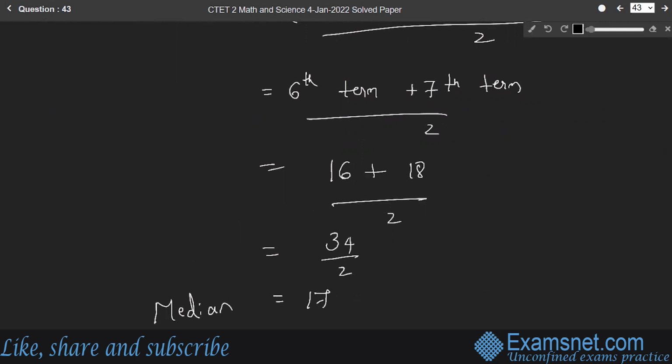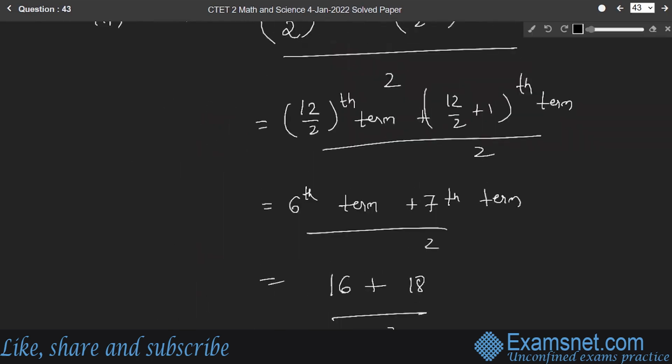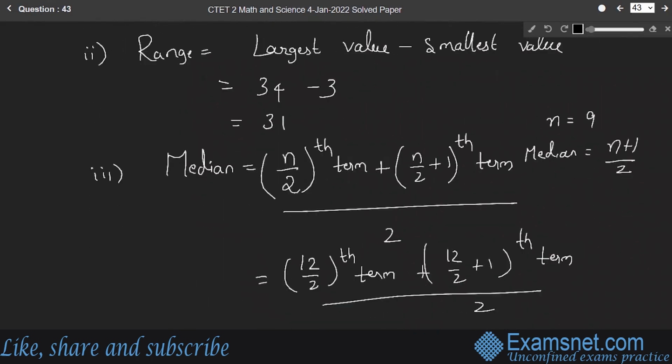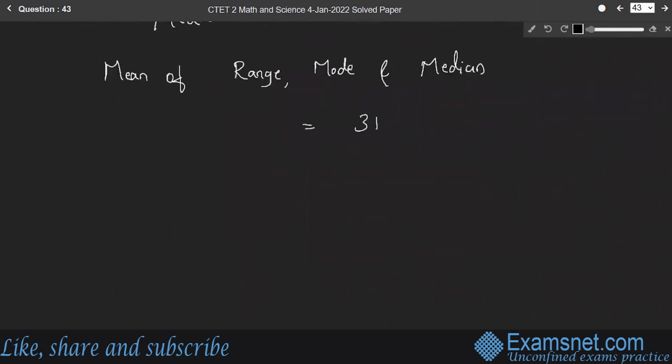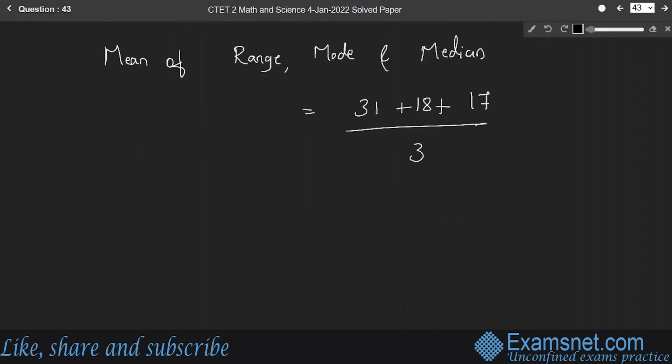So our next step is the mean of the given range, mode, and median, which is equal to, what is range here? 31, mode is 18, 31 plus 18 plus median 17, whole divided by 3, their mean, which is equal to 66 divided by 3, 22.